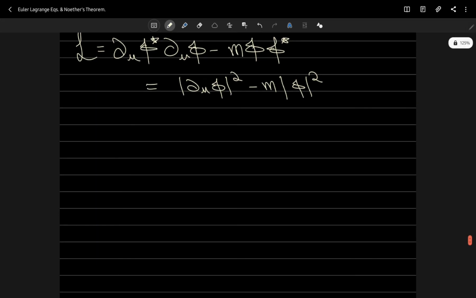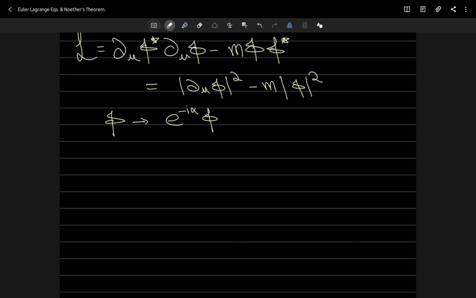Now for this we have the transformation that phi transforms as e to the i alpha phi, right? This is the symmetry transformation that leaves the above Lagrangian invariant, and this transformation is from the U1 group, the unitary group.